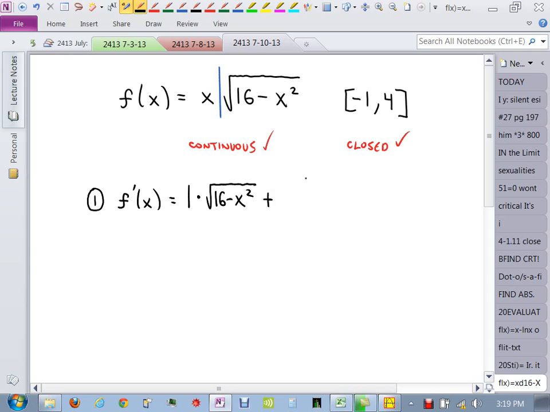The derivative of square root of something is 1/2 root of the something. Okay, continue with chain rule times -2x. That's the derivative of what was inside the root. Am I done? Times x. That finishes off the product rule.